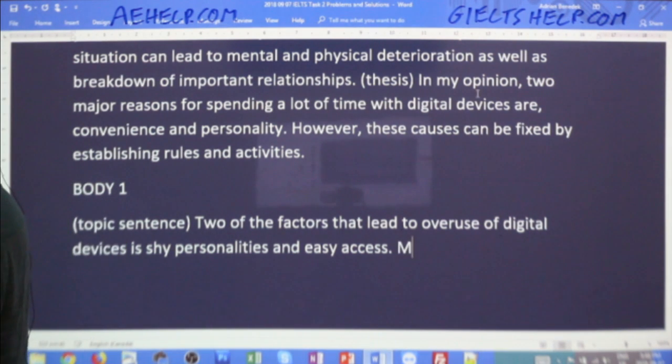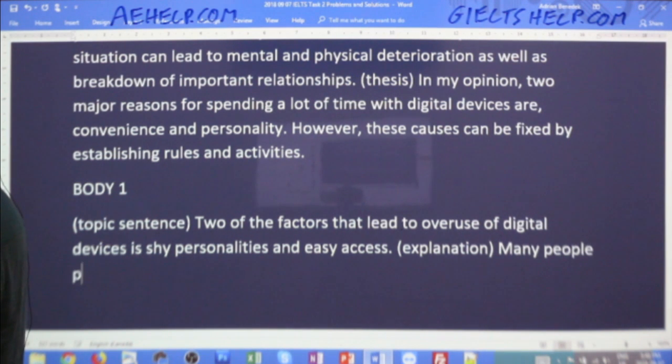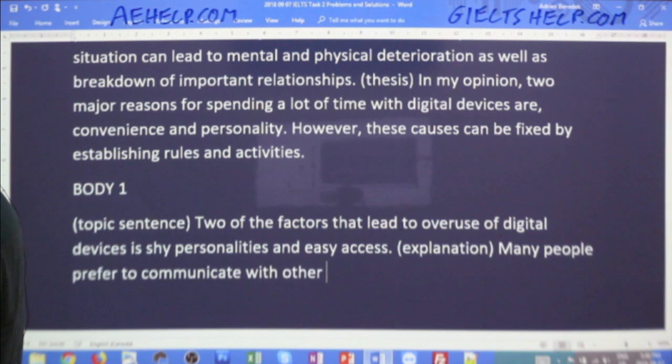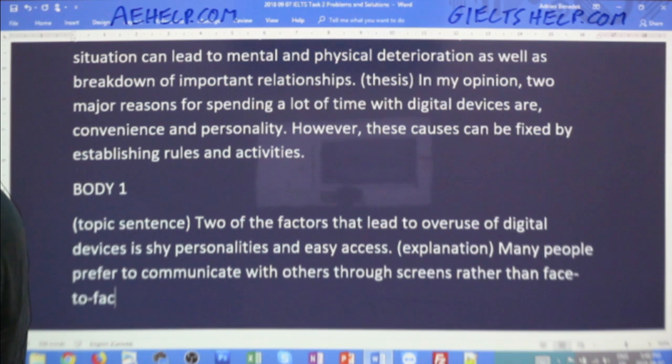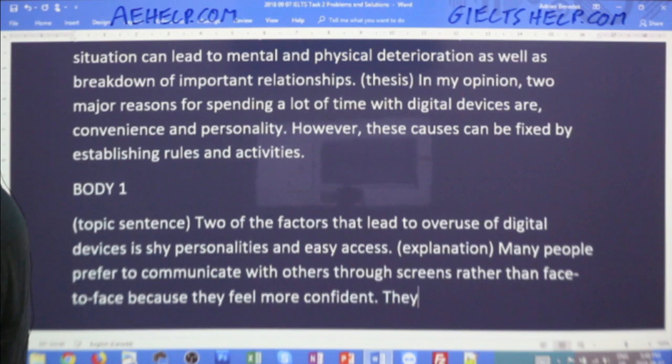Many people, and then here, of course, my explanation. So many people prefer to communicate with others through screens rather than face-to-face because they feel more confident. They are not worried about being judged.